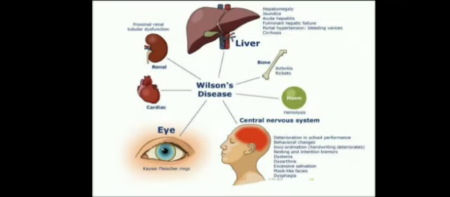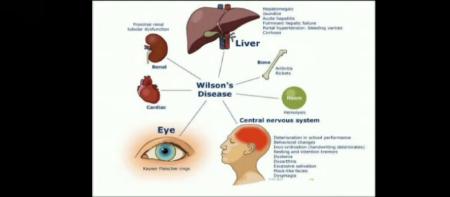Now the manifestations of Wilson's disease are seen in liver, bone, heme, central nervous system, eyes, heart and kidneys. In liver, it causes hepatomegaly, jaundice, acute hepatitis, then fulminant hepatic failure, portal hypertension leading to bleeding varices, and finally liver cirrhosis.